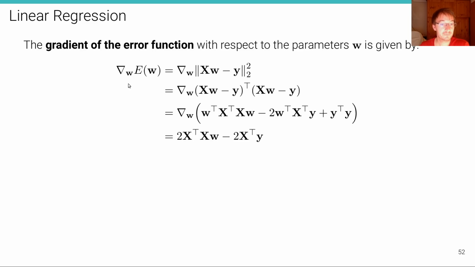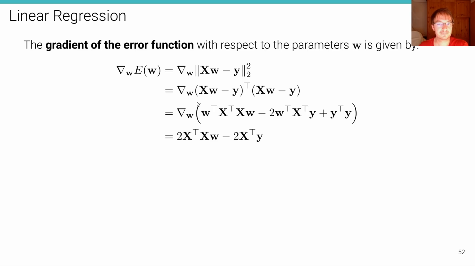So what we do here is we compute the gradient, this is the symbol for the gradient, of this energy function with respect to the parameters w. So I'm just plugging in here now this linear system from before, which, if I write it out, is simply the product between (Xw minus y) transpose and (Xw minus y).